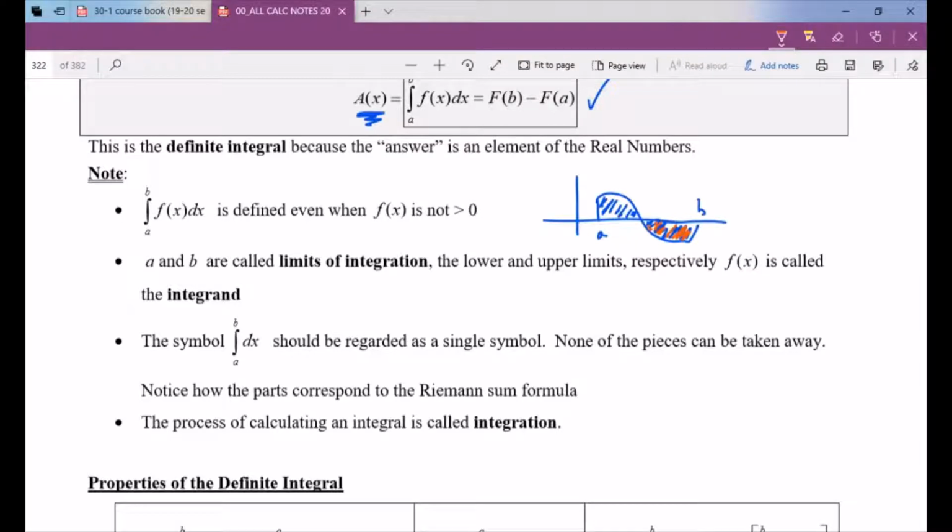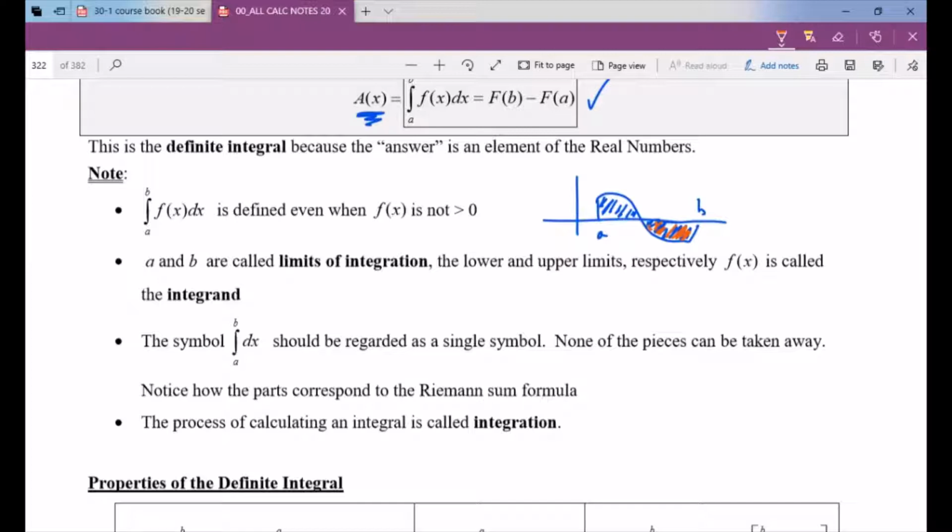The next bullet: a and b are limits of integration. We have lower and upper limits. Our f of x is called an integrand, and it's kind of like when we had radicals, and the part under the radical sign is called the radicand. It's the piece that we're integrating. It is the integrand. As mentioned before, the integral symbol with dx, that is one single symbol.